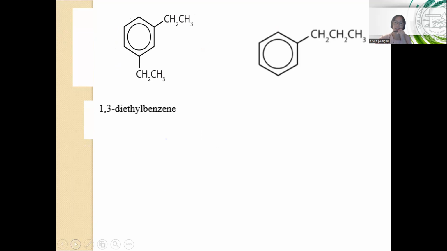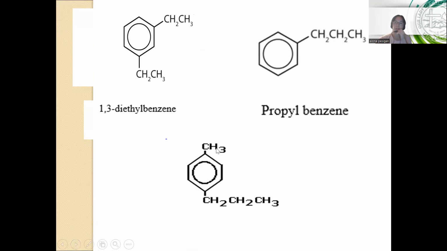So that's the lowest number, right? So you have 2, 1, and 3. So 1,3-diethylbenzene, and the parent is benzene. Here you have propylbenzene.